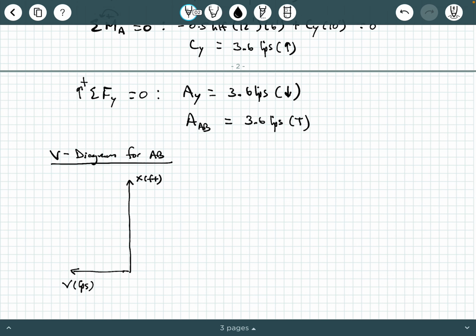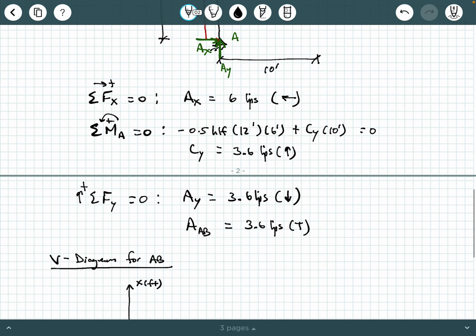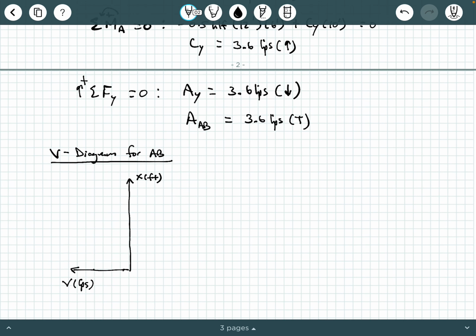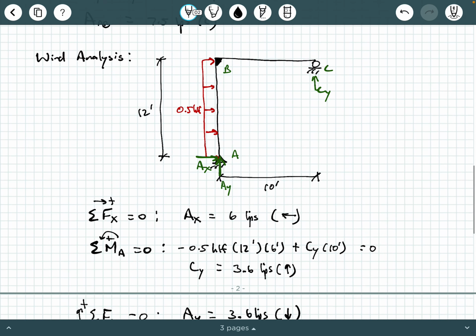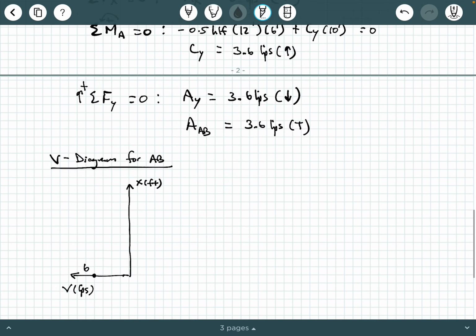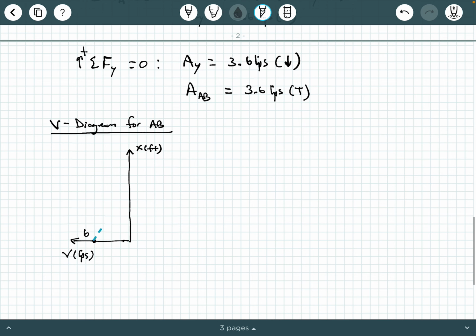And our shear diagram, we're going to interact with AX first. So AX is going to be pushed to this point right here, which is 6. And then we're exposed to a uniform distributed load. So that shear diagram is going to decrease at a rate of 0.5 KLF until we get just underneath this corner of the frame here. And so we're going to have a shear diagram that looks like this.